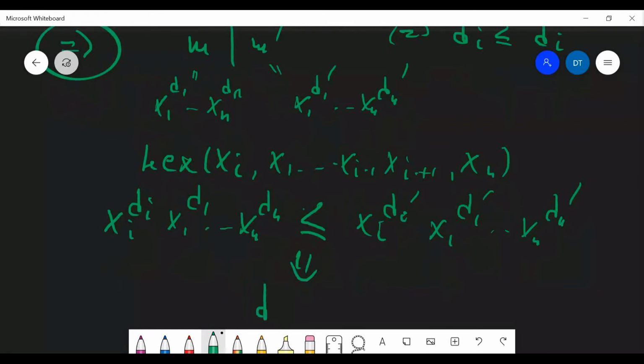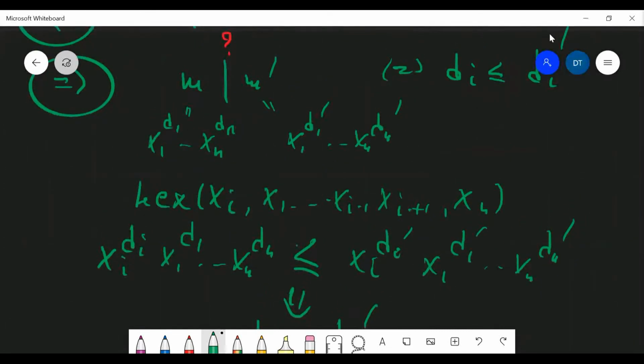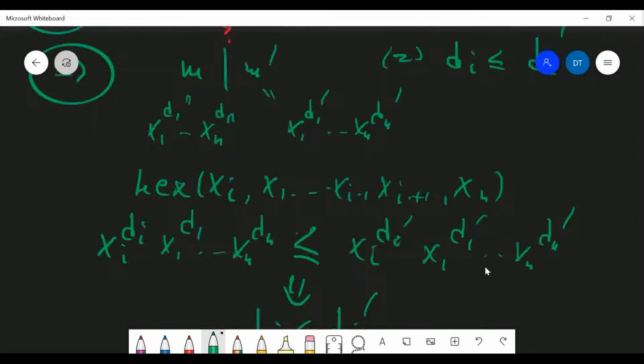From this, it follows that di is not greater than di prime, because how do you compare? If di were greater than di prime, then this one would be strictly larger than this one with respect to this ordering. Since we have this comparison, then this one must be either the same as this one, or strictly smaller than this one. So in any case, this implies this. And this happens for any i. So this simply means that we have all these inequalities, so this means that M divides M prime.